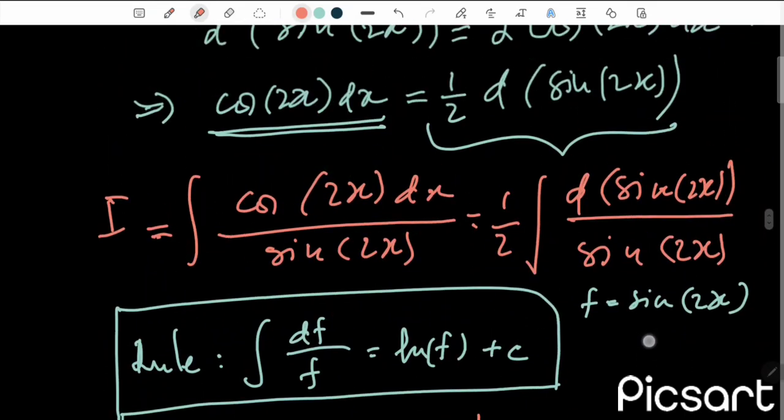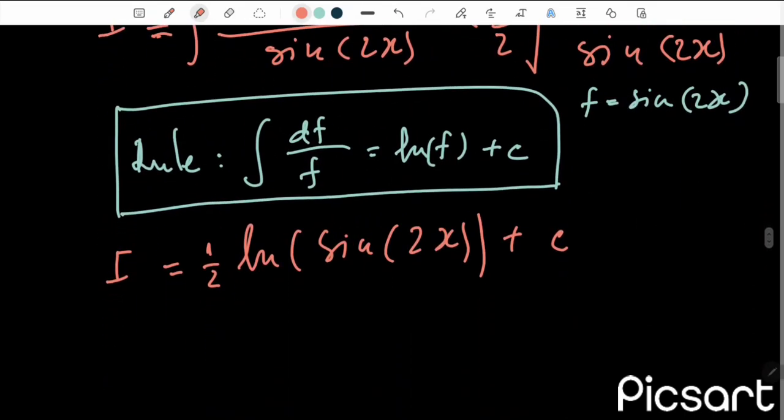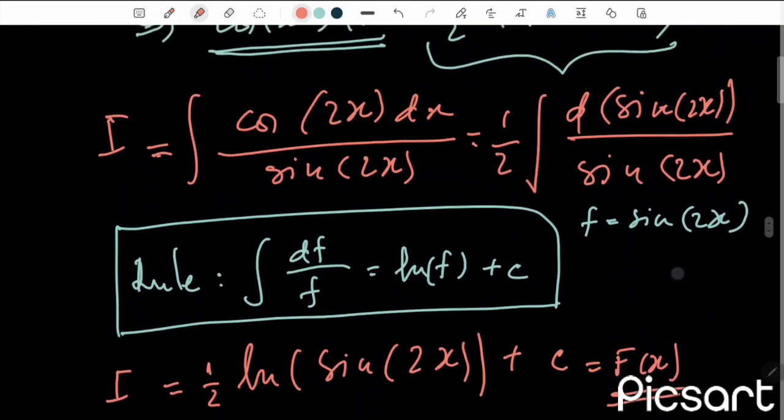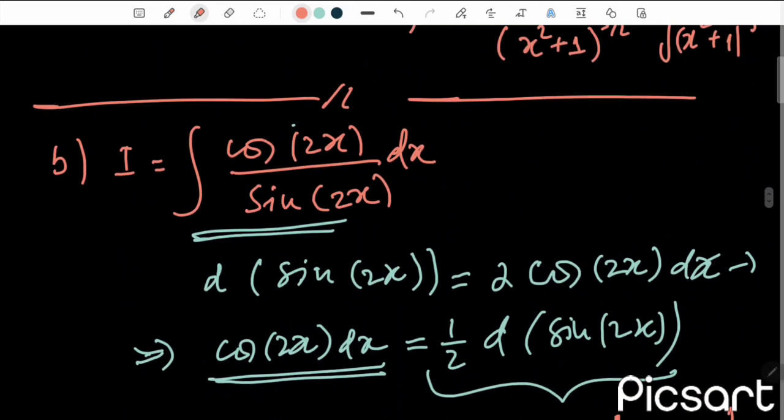If you apply the same rule as we applied in the previous exercise, we can see that if this is our f, then the derivative of this function must be equal to cos of 2x over sine of 2x.